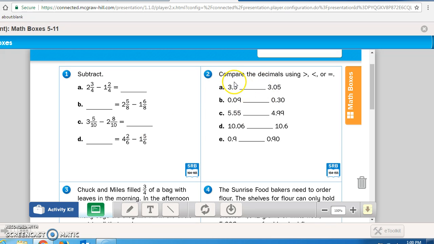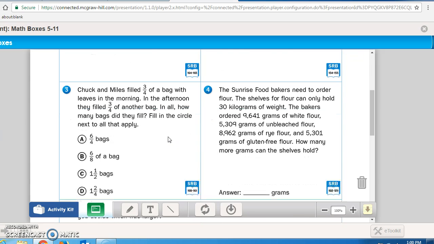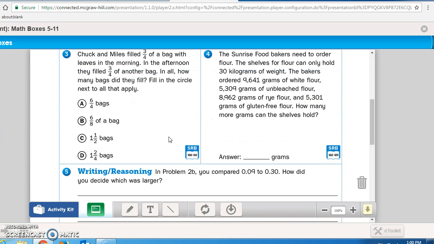In math box 2, it says compare the decimals using greater than, less than, or equal to signs. Pause the recording and do math box 2, please. Math box 3 says, Chuck and Miles filled 3/4 of a bag with leaves in the morning. In the afternoon, they filled 3/4 of another bag. In all, how many bags did they fill?